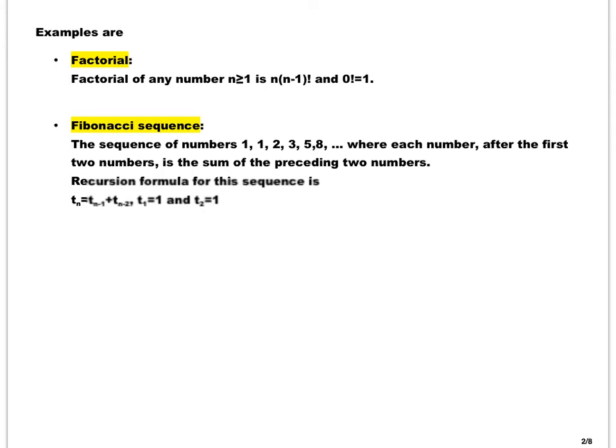The starting point of a Fibonacci sequence is that the first two terms are 1 and 1. Now the next term is 1 plus 1, which is 2. The term after it is going to be 1 plus 2, which is 3. The next one is going to be 2 plus 3, which is going to be 5. The next one is going to be 3 plus 5, which is going to be 8, and so forth.